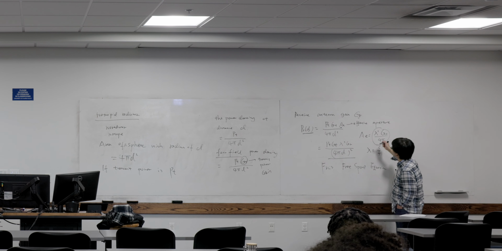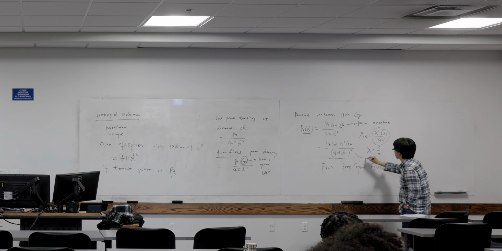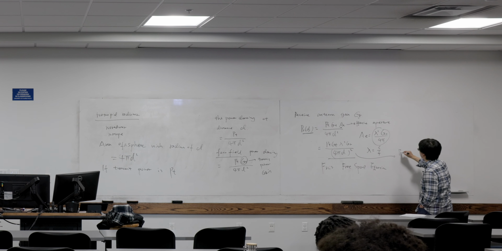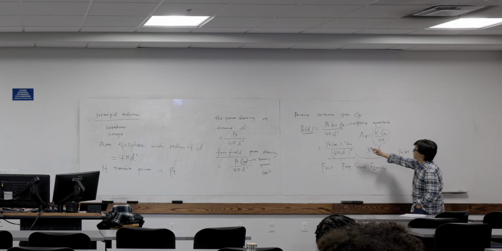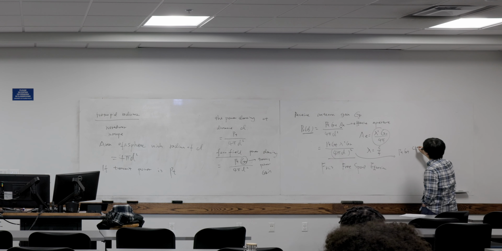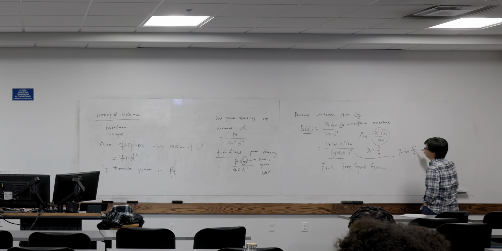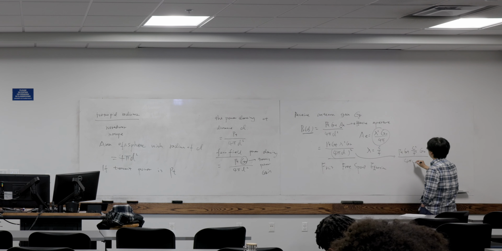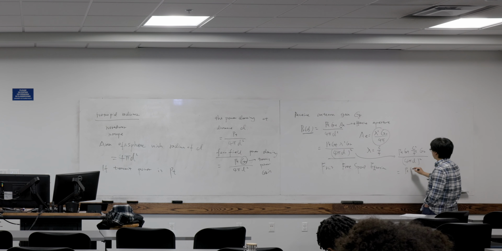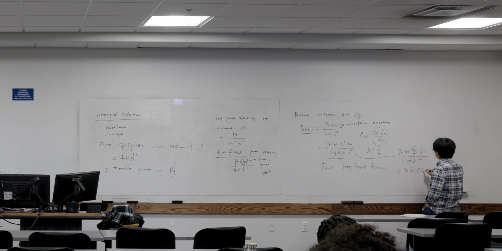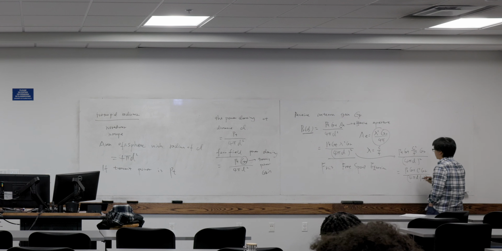Therefore, lambda squared is C squared over F squared. So PR equals PT GT times C squared GR divided by 4 pi d F, entire thing squared.